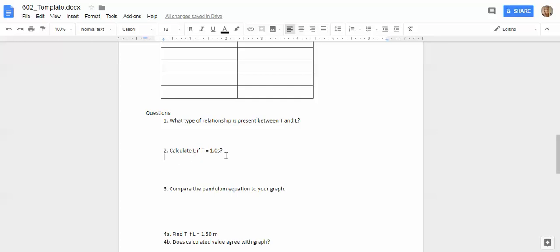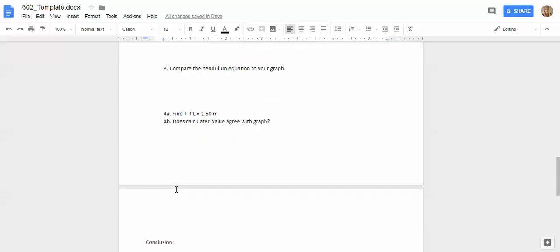So there you will need to go to your lesson and get the equation for the period of a pendulum and complete that calculation. Be sure to show all of your work and also look back at your graph to see if your calculation agrees. If it doesn't, that may be a good indication that you should call and ask for some help. Ideally, we do want to see those match up.